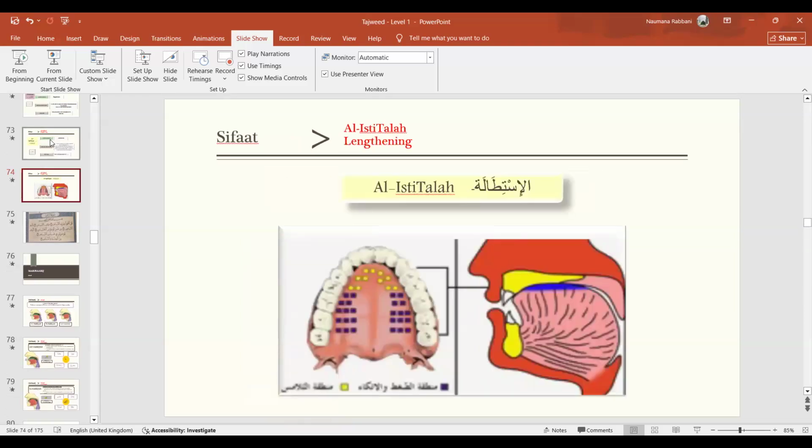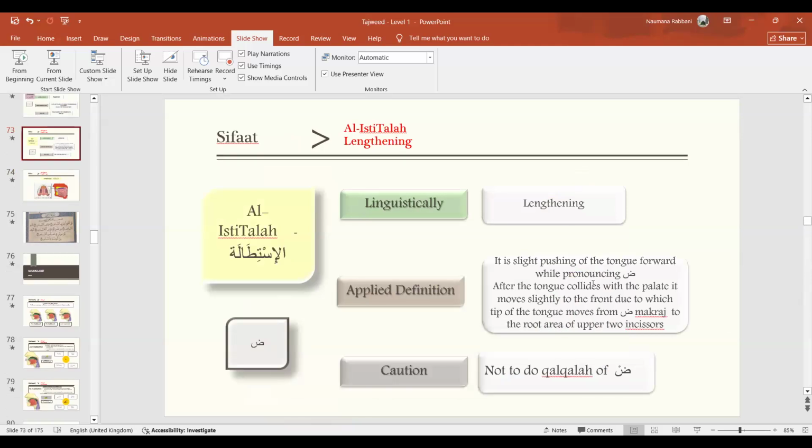So what's happening is, the entire tongue, the sides of the tongue, hit the articulation point, the palate. From there, we need to push the tongue slightly forward.